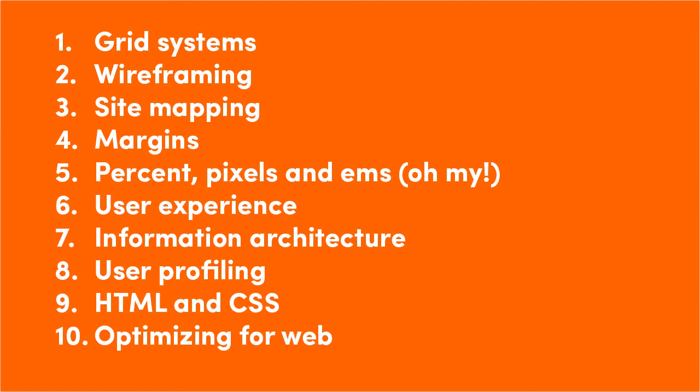So you need a good grid system to design on. And maybe you already know grid systems, maybe you don't. So pick up a book at the library, or Google grid systems for web design. There are a lot of great systems out there.